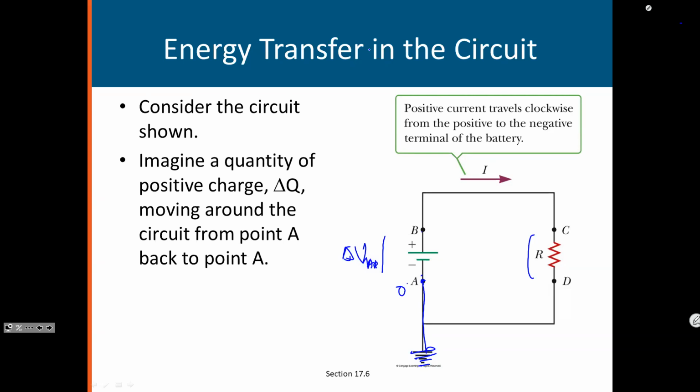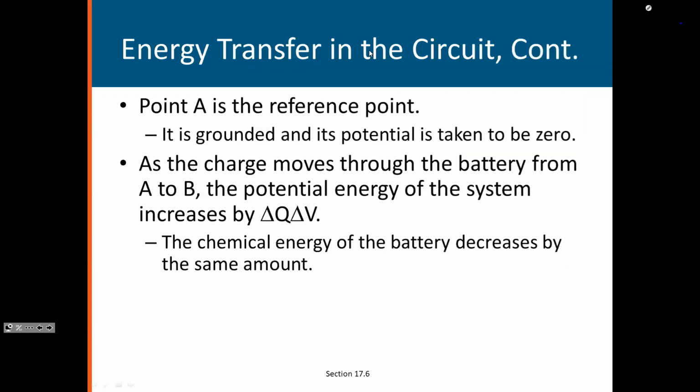As it moves from A to B, its potential energy is increased by delta Q multiplied by the potential difference. Then as it goes through the resistance from C to D, the electrical energy will be dropped, spent as it goes through the resistance. And when the charge comes back to the negative terminal, point A is the reference point.